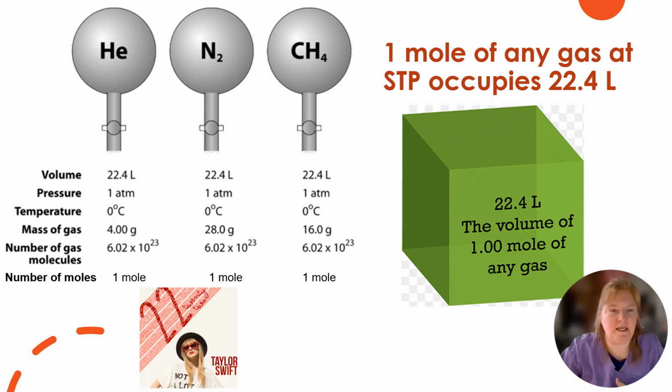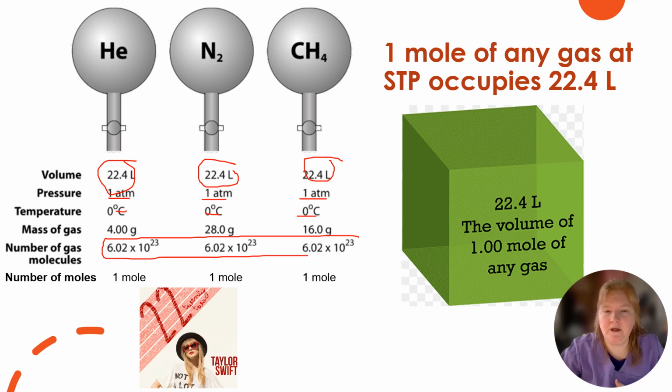So you can see here we are at standard pressure, standard temperature, occupies this space. Standard pressure, standard temperature occupies this space. Standard temperature, standard pressure occupies this space. They all have the same number of particles. They all have the same number of moles. What is the only thing that's different?